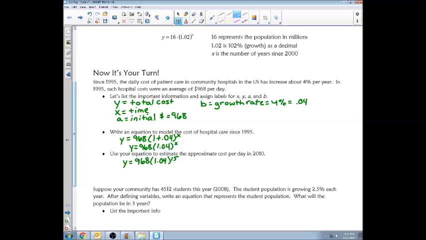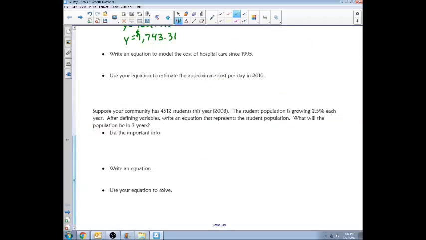I can type that straight through in my calculator exactly the way it looks. I will get y equals $1,743.31 a day. So it went from $968 in 1995 to $1,743.31 in 2010. So that's the end of that problem.